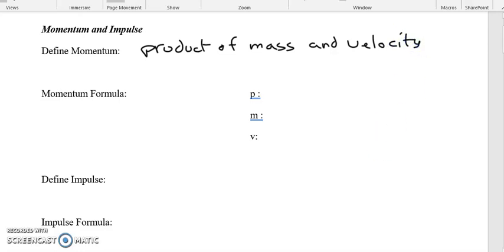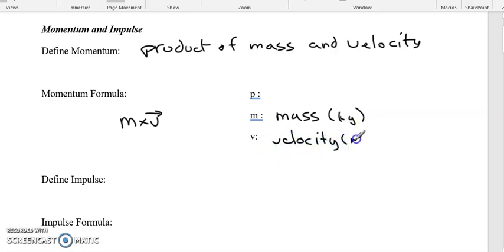This is a technical definition, the correct definition, which means really if you were to take a look at that formula, it is just mass times velocity. Mass being in kilograms and velocity being in meters per second.